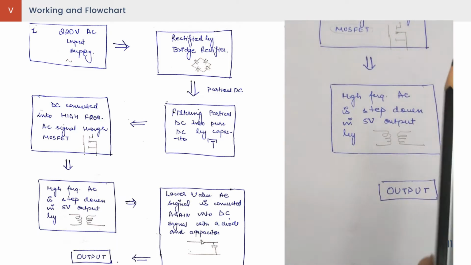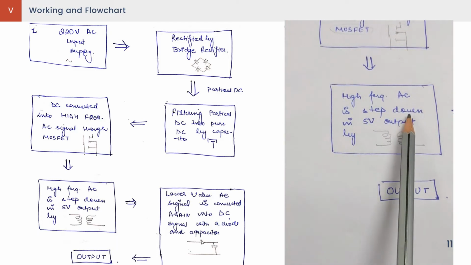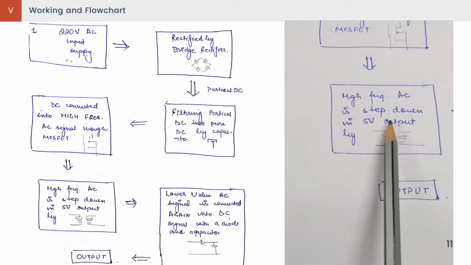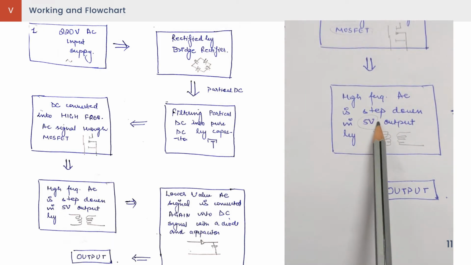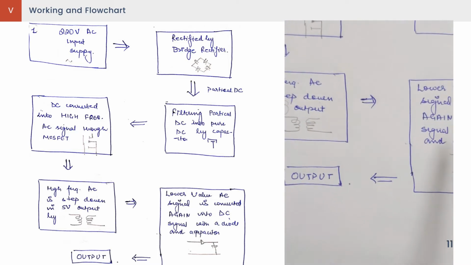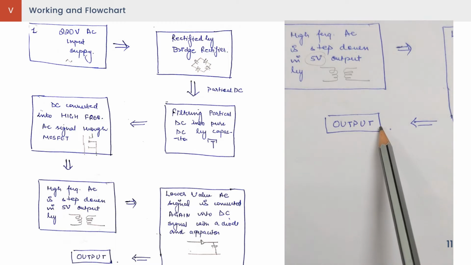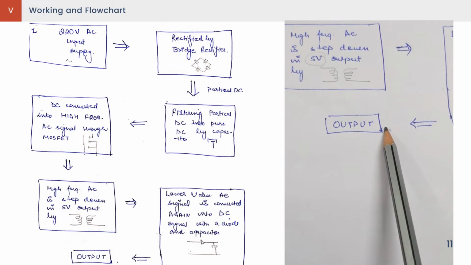This high frequency AC signal then goes to the transformer, which steps it down and gives us the desired output of 5 volt. Then this current goes through another set of diode and capacitor, which lowers the AC signal and converts it again into a DC current, and this DC current is then sent as the output. This output is the USB port from which the phone gets charged.